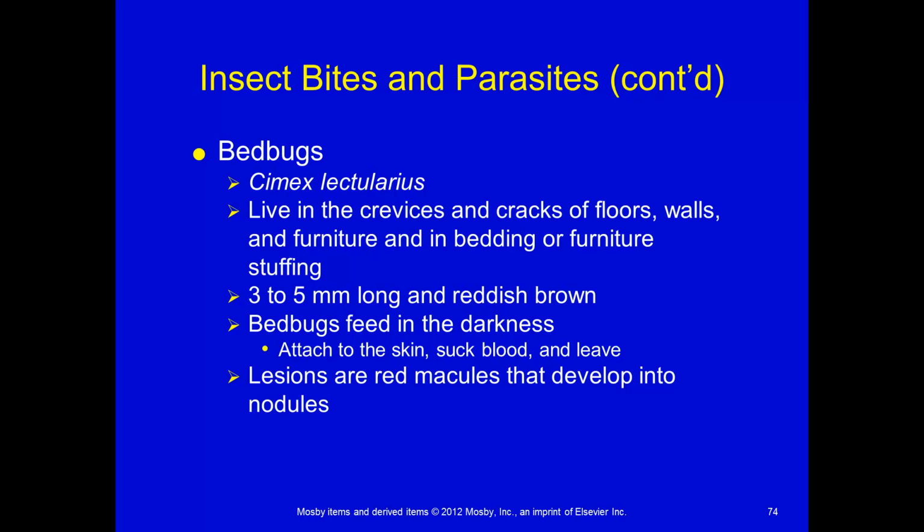And again, this was not happening in just poorly sanitized, unclean places. These were happening in nice hotels, happening at the Plaza, and I think actually one of the big infestations was at the Waldorf Astoria. So really nice hotels.